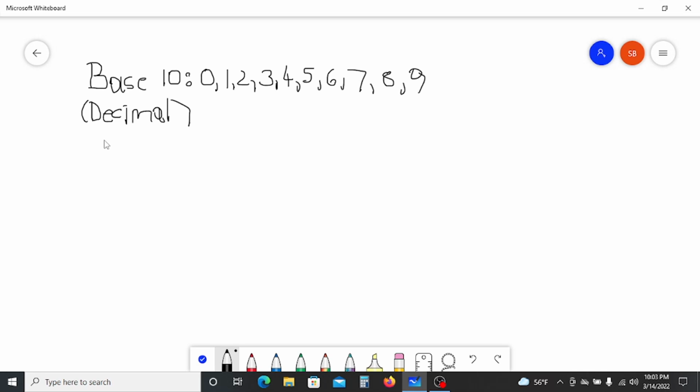Especially for computer language, we use the binary number system. In our coming videos, we will do other practice also. What's the meaning of binary? This is base 2.